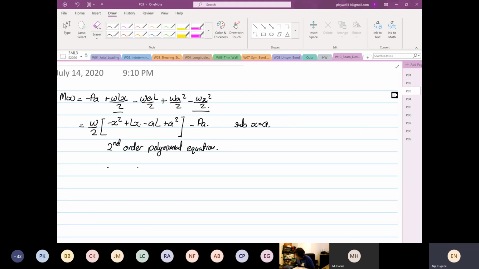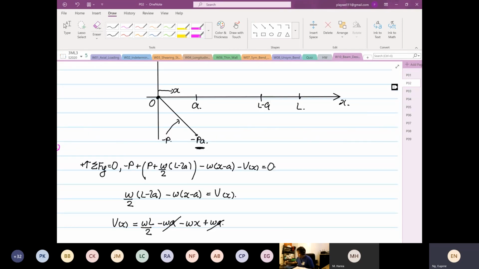Okay, so from here, we substitute A. So M at A is equal to omega over 2 times minus A squared plus AL minus AL plus A squared minus PA. This whole thing drops to 0. So it's equal to minus PA. Right? So when you check, you have more or less a confidence whether your answer is right or wrong.